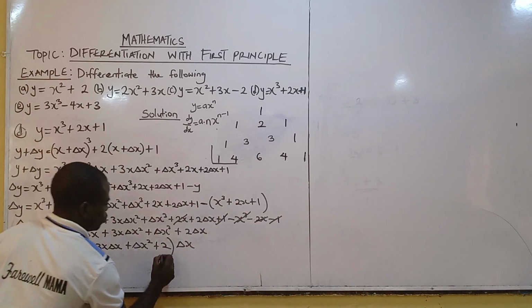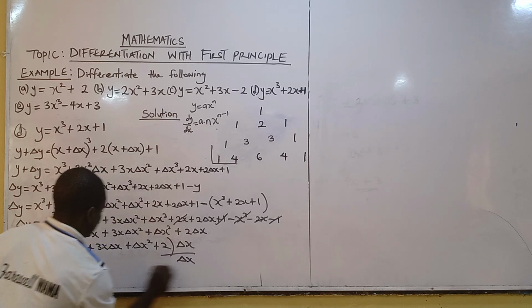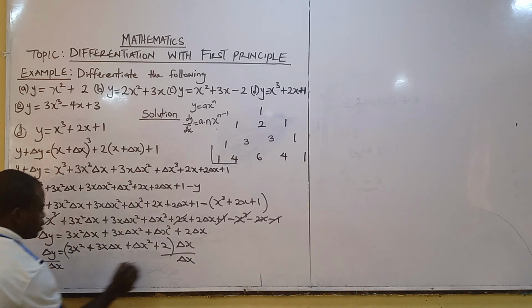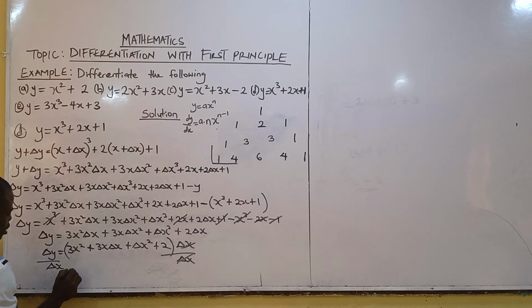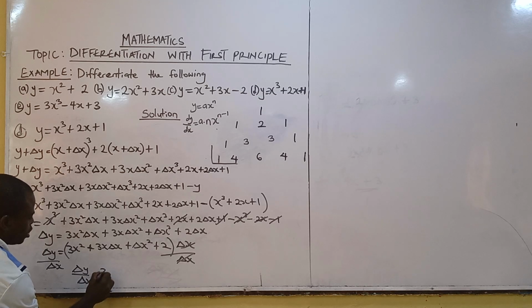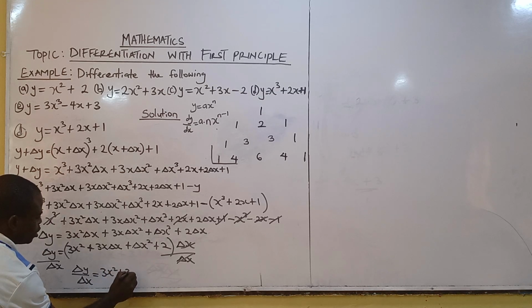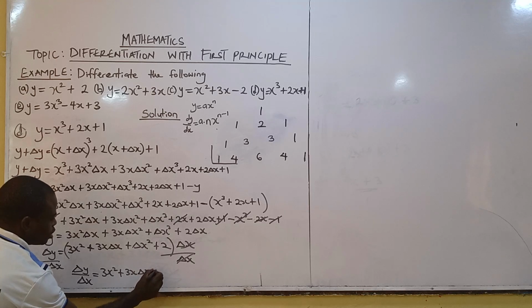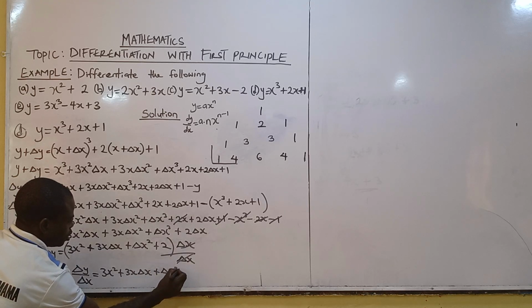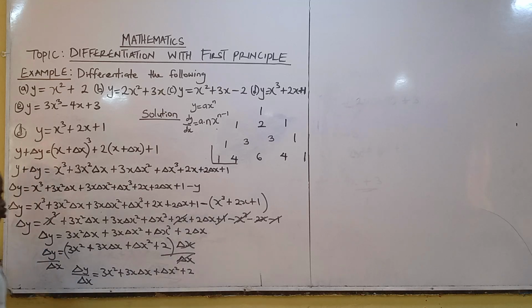Now divide both sides by dx. dx cancels dx, and I'm left with dy over dx equals 3x squared plus 3x dx plus dx squared plus 2. Is that clear? Anywhere you see dx, that's a limit as dx tends to 0.